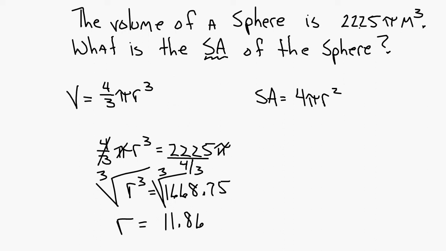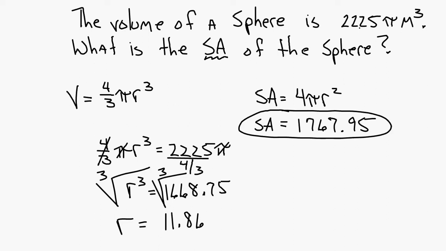And you've got the most accurate answer you can get. So your surface area should be equal to 1767.95, right? Is that what your screen says? Yeah. Make sense? Yes.